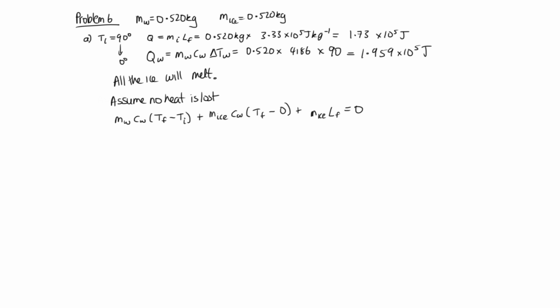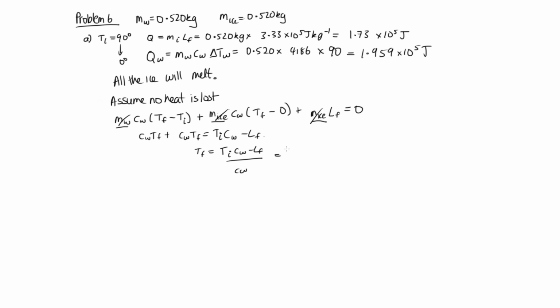Okay, now we know that the mass of ice is the same as the mass of water. So we can just divide by that to remove it from the equation, just to simplify things a bit, because what we're trying to find is this final temperature. So we can write this as C_W T_F plus C_W T_F is equal to, I'm going to move this initial temperature, so T initial times C_W, and then this L_F over to the other side, which gives us that our final temperature is equal to the initial temperature times C_W minus the latent heat of fusion, divided by 2 C_W.